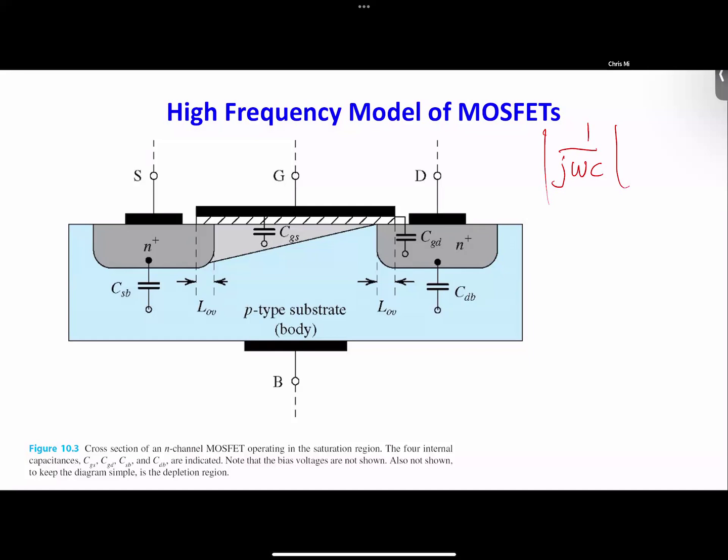It's open. We don't care. But when your frequency is very big, this 1 over omega C becomes something you have to be careful about. If 1 over omega C becomes 0 or close to 0, what happens? It means you become all short circuit, and your device will never work. There's no output because everything is shorted. So the idea is, how are we going to resolve this problem?